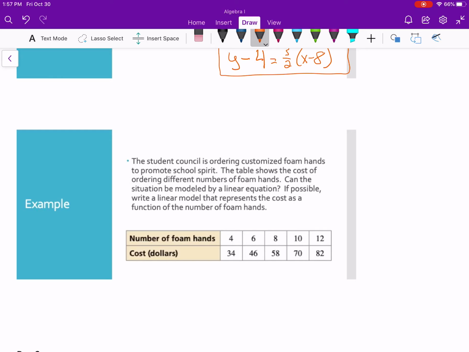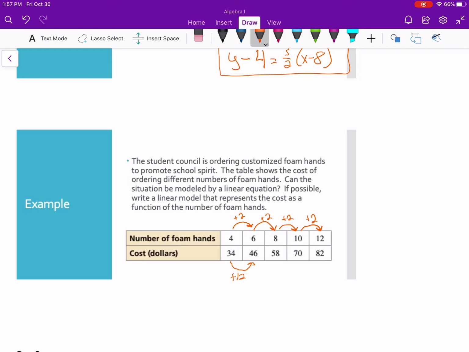So when I look, to go from 4 to 6, I add 2. Same thing from 6 to 8, I add 2, and the pattern continues. So since that pattern is pretty even and straightforward, if it's linear, the y's are going to change by the same amount. So to get from 34 to 46, I know that I have to add 12.